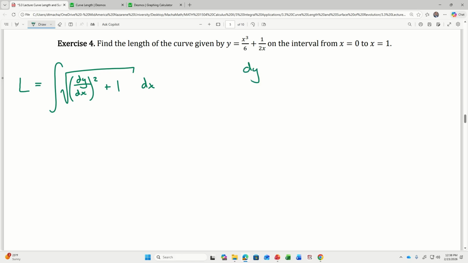What is dy dx? One-sixth 2x squared plus 1/2.